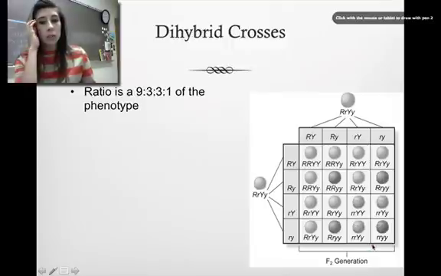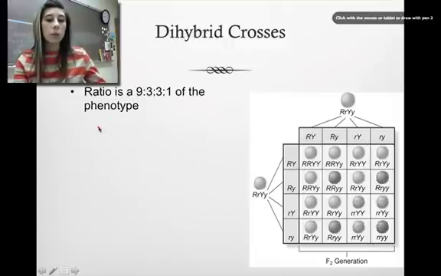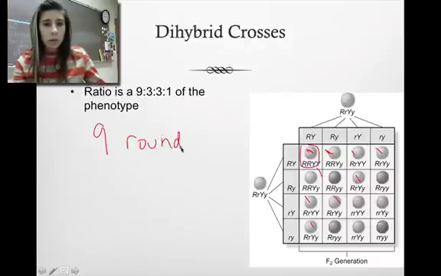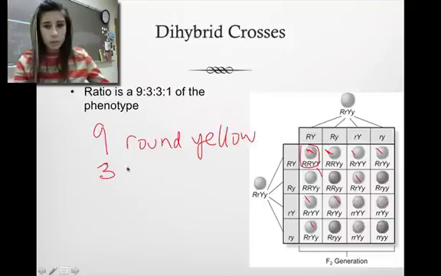And the ratio at this point is going to be 9 to 3 to 3 to 1 of the phenotype. So there's going to be 9 of this type right here. It's going to be 1, 2, 3, 4, 5, 6, 7, 8, 9. Those are going to be round and yellow. I will have 3 that are going to be, let's see, round and green.